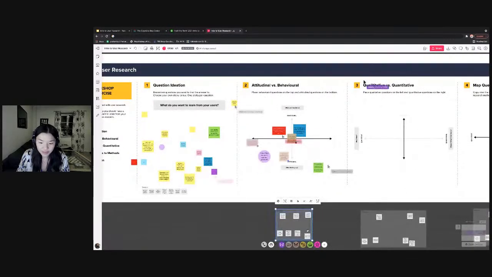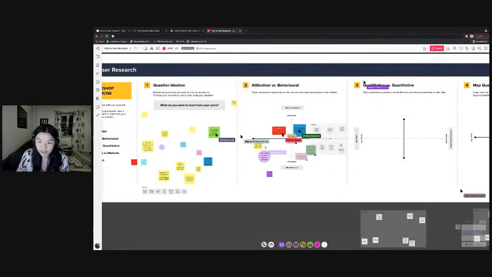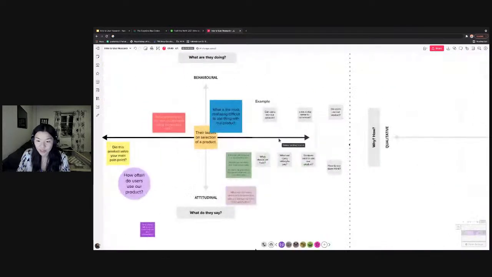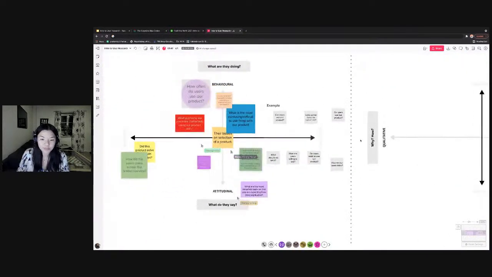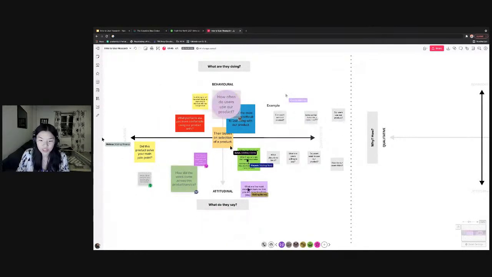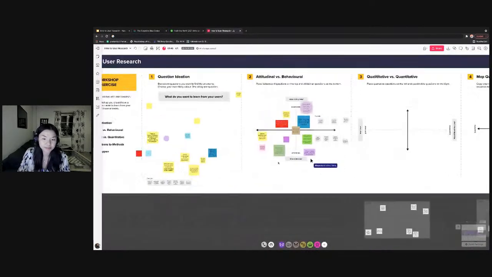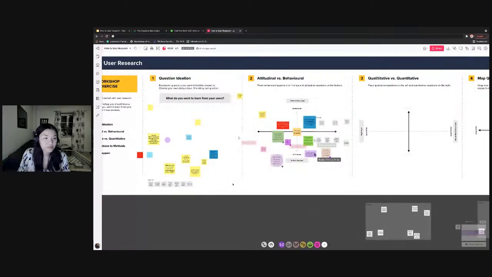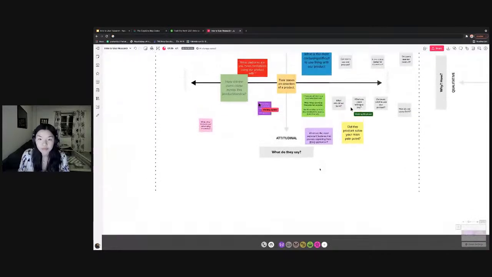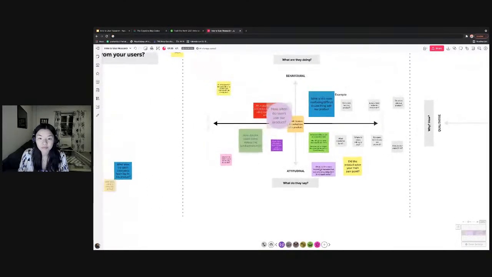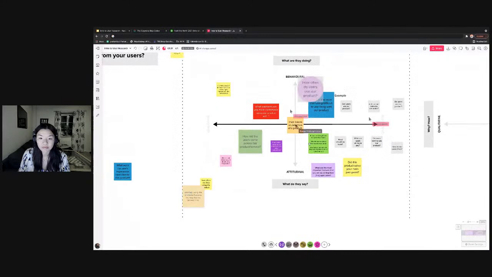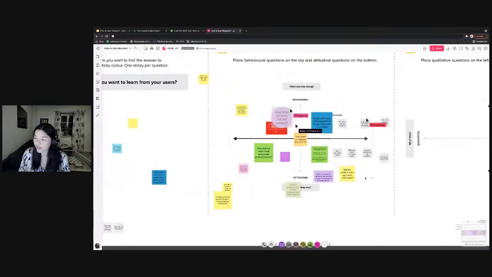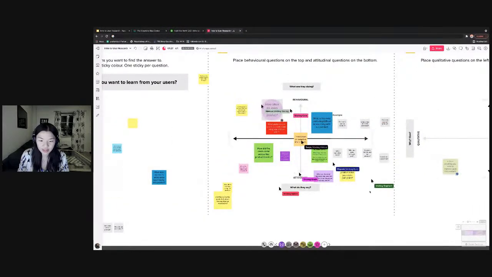And if you're stuck, I have some examples here just to help you think about some types of questions to benchmark against. It's okay if some things don't really fit in.